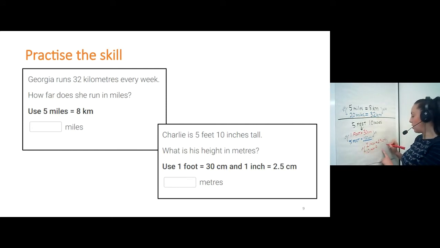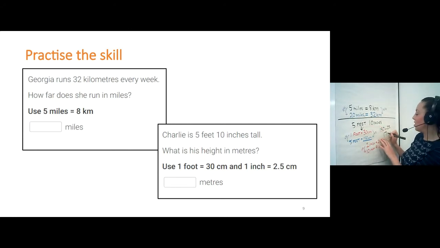So we do just the same this side, go 10 times bigger. That'll give us 25 centimetres. So in centimetres now, he is 150, which is our 5 feet, and 25, which is our 10 inches.